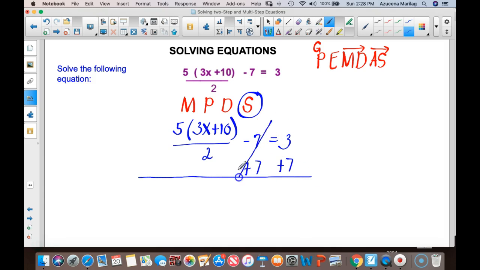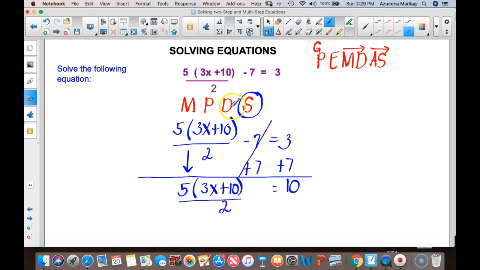That cancels out the 7 here. It becomes a 0. That's eliminated. 7 plus 3 is 10. And on the left, I'm gonna bring this quantity down. So that's 5 times 3x plus 10 over 2.